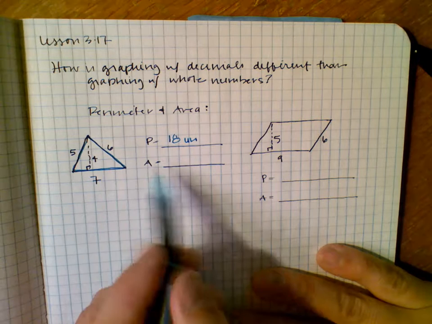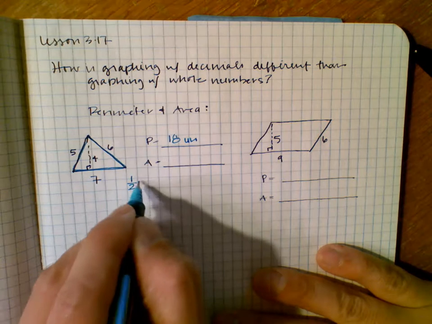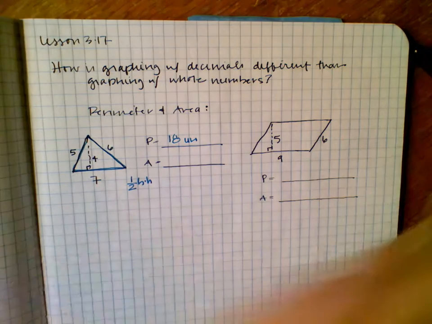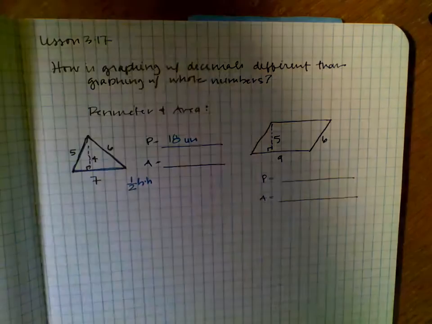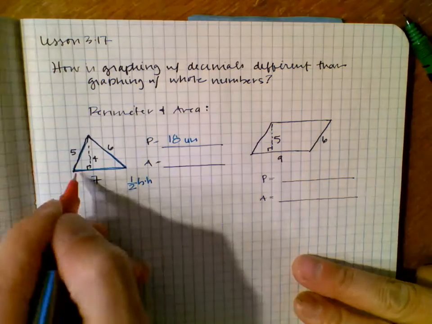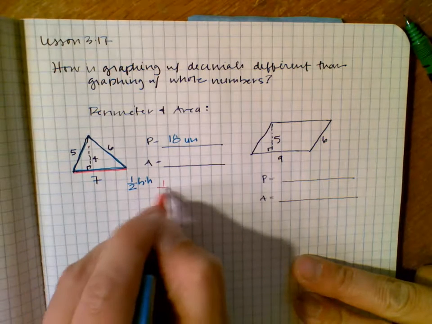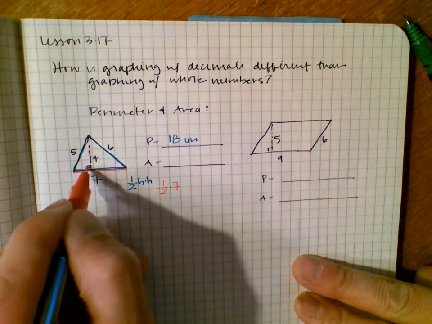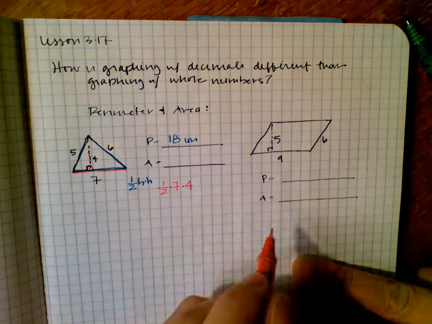All right. Now, area, remember area of a triangle is 1/2 base times height, or base times height divided by 2. So my base, and I'm going to switch colors here, let's use something that's a stark contrast. My base is 7, so I've got 1/2 times 7, and my height, remember height, you have to make an h, and that's 4, so I'm going to multiply them together.